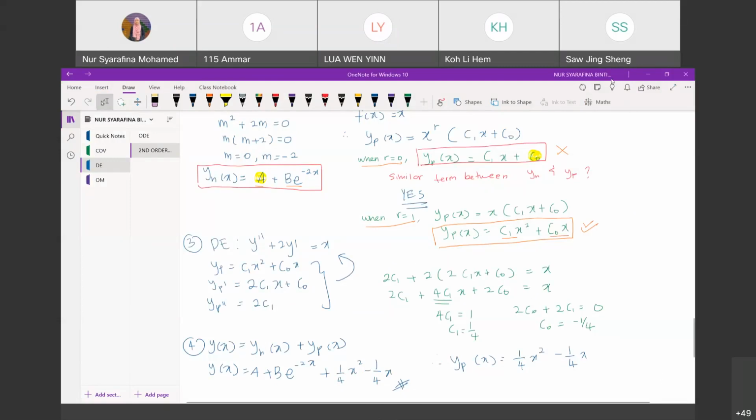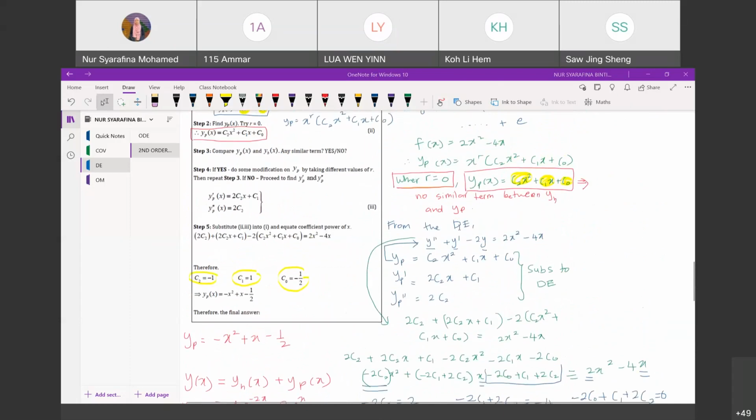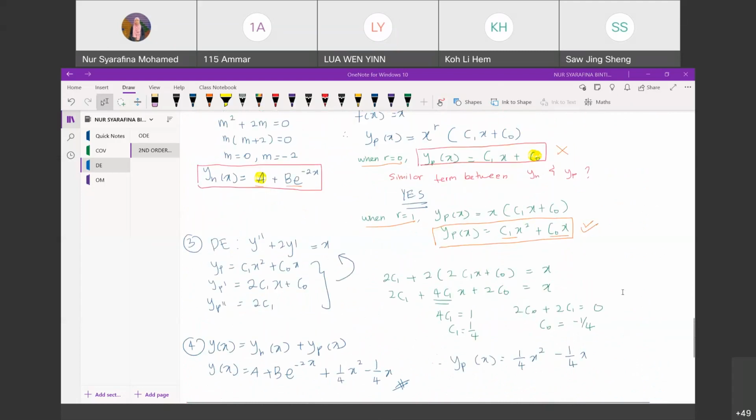Okay, any question? Compared to the previous example, this is quite shorter because the function is only x, linear. The previous one we had quadratic, but this one stops at r equals 0. This one stops at r equals 1. It depends on the function that you compare.